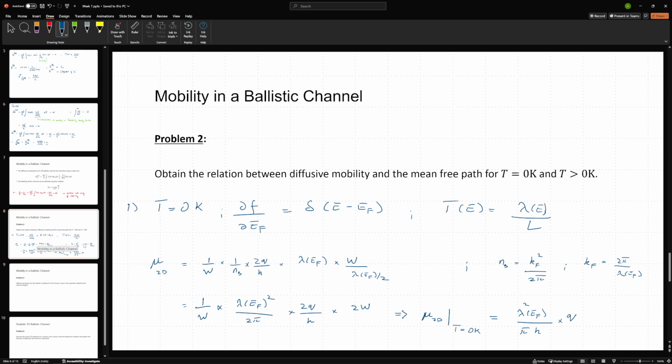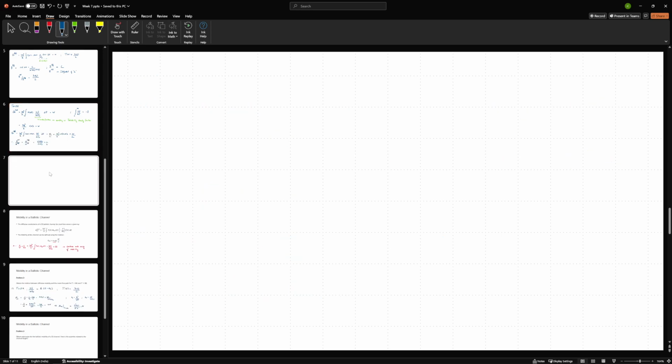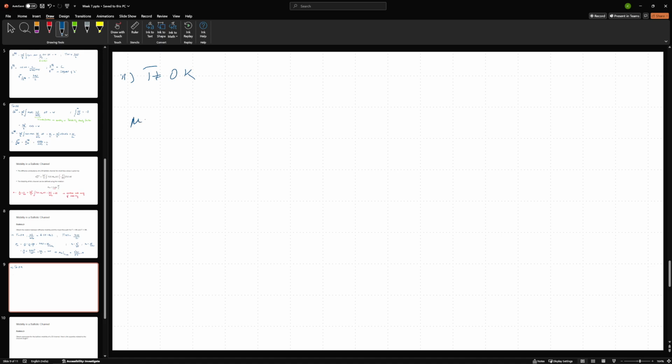Now, what about the second case? Let me duplicate this. So we are looking at the second case now, which is t not equal to 0. So in this case, mu 2d is L upon W into 1 upon ns into q.